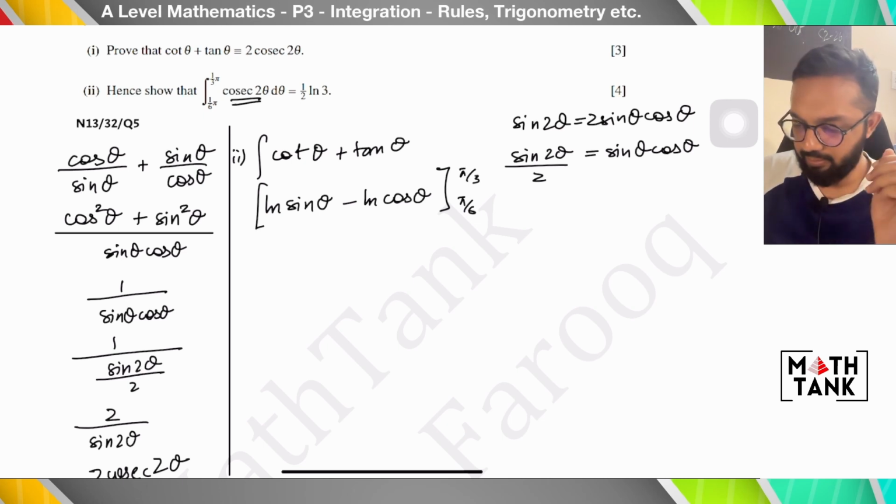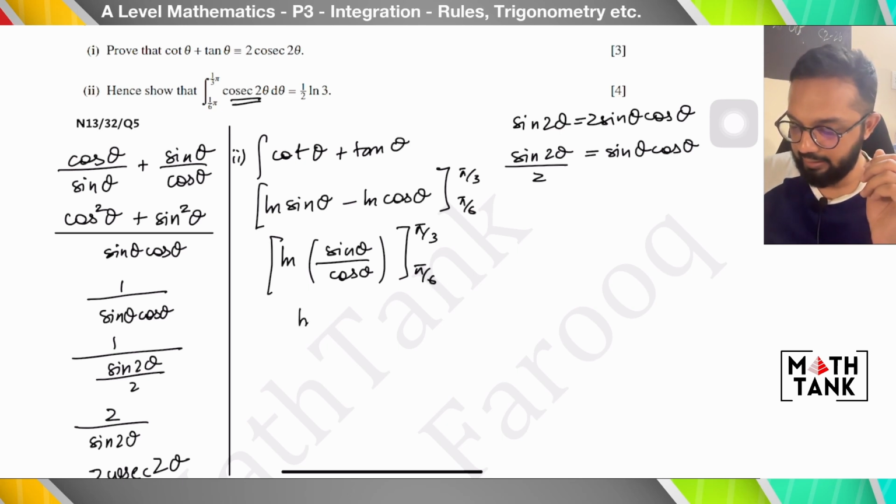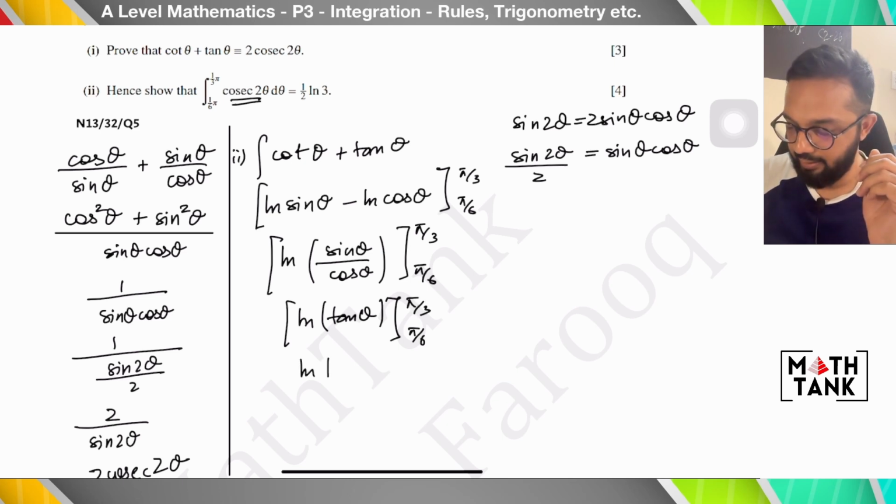So I could write it simply as sine theta over cos theta and make it easier for myself. I know that the limits are there, pi over 6, pi over 3. This is indeed ln tan theta. That makes it even easier. So ln tan pi over 3 minus ln tan pi over 6.